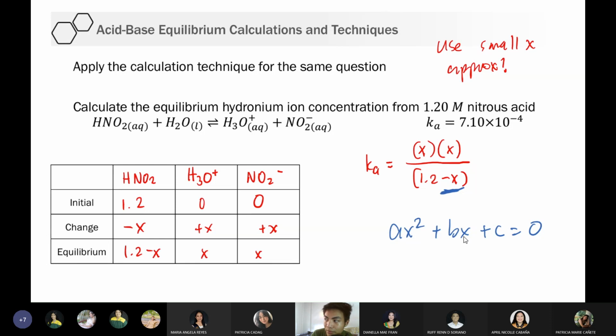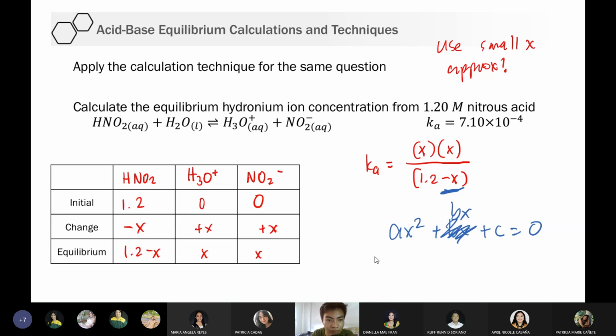Yung x term that came from our denominator. So, siya yung dahilan bakit nagka-quadratic equation tayo. Kung pwede lang mawala siya, we can solve for the value of x by getting the square root, di ba? X squared to, constant yan. So, kunin mo na lang yung square root, no? Kaso hindi eh. In our case, may bx term tayo.